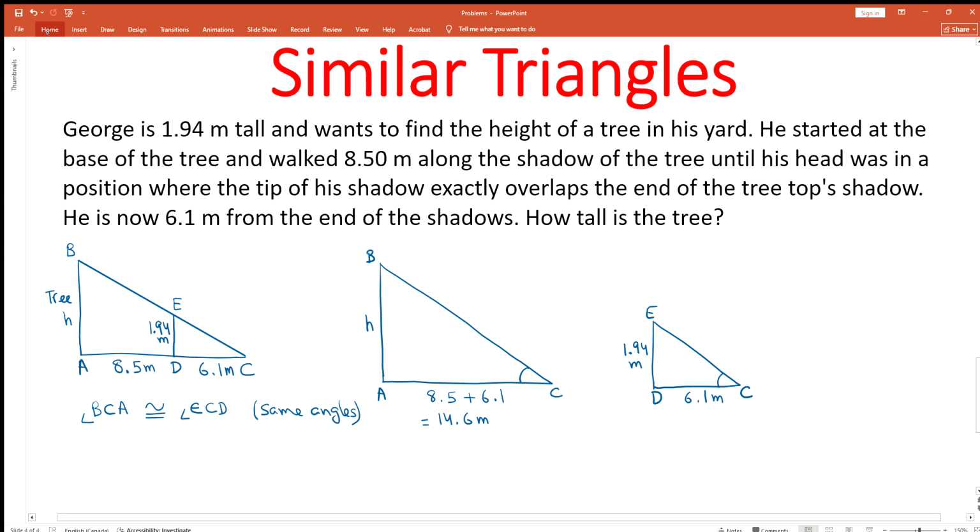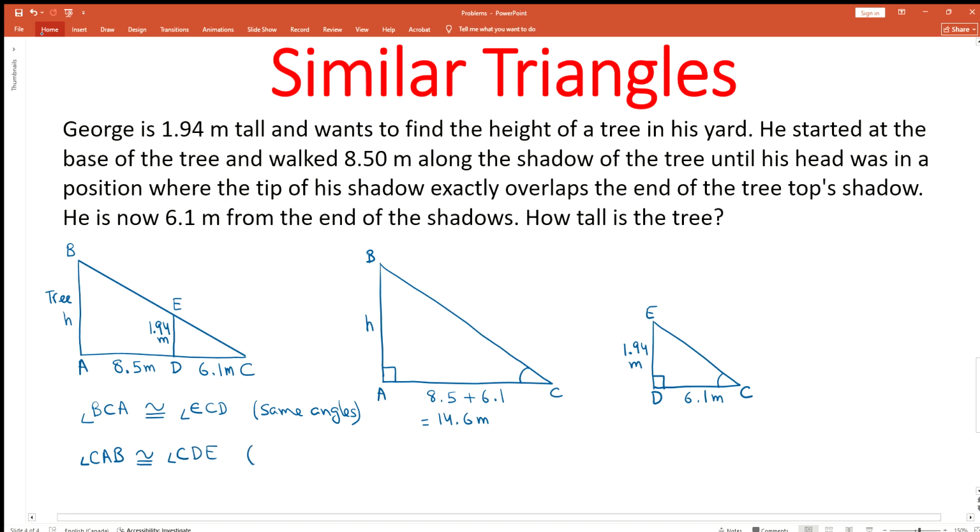In triangle ABC, angle A is a right angle because we can assume that the tree is perpendicular to the ground, and in triangle DEC, angle D is a right angle because we can assume that George is standing perpendicular to the ground. Therefore, angle CAB in triangle ABC is congruent to angle CDE.